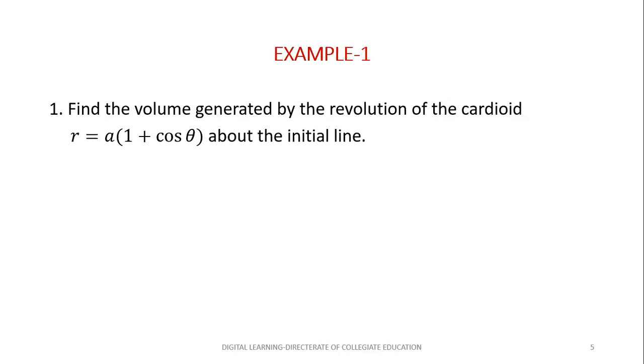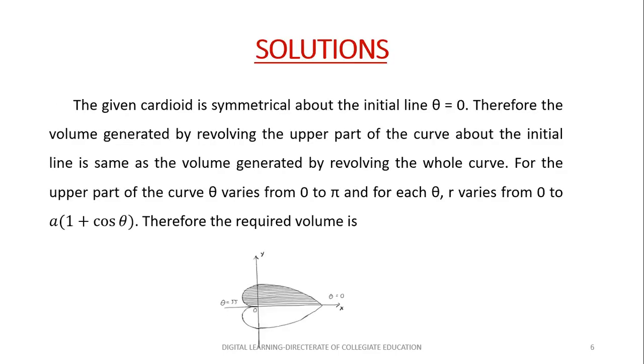Find the volume generated by the revolution of the cardioid r equals a into 1 plus cos theta about the initial line. So, the given cardioid is symmetrical about the initial line, theta equal to 0.